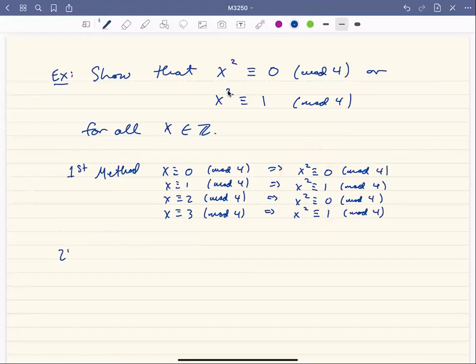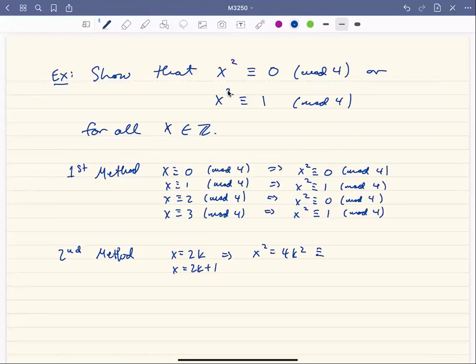The second method is you can just think about whether x is even or odd. Again, I'm not going to write out the details. This isn't going to be a great proof, but I want to show you that if x is even, then that number squared will be a multiple of 4. That's easy to determine because x squared will be 4k squared, which is certainly a multiple of 4 because you can factor 4 out from it.